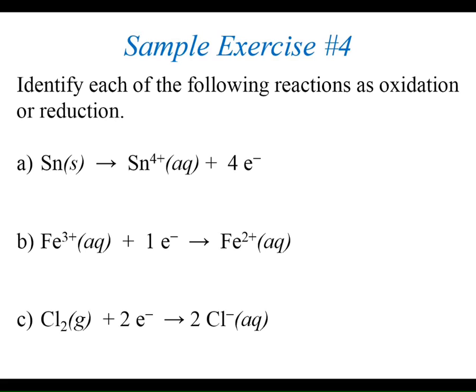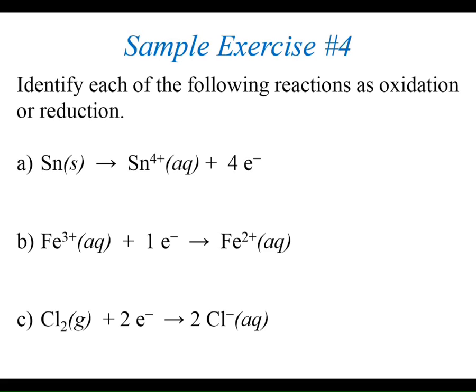It went from 0 to 4+. Did it become more negative or less negative? It became less negative. It lost electrons. You can see it lost them because they're on the right side now, right? If it lost electrons, that's oxidation. So you could say tin was oxidized, or tin underwent oxidation.